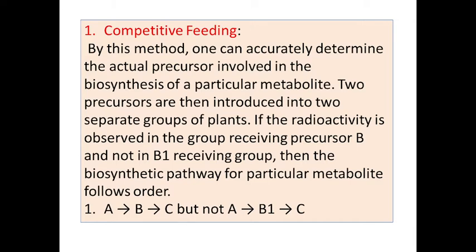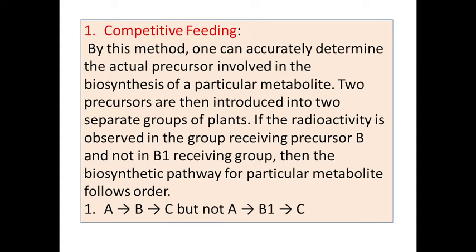The first one is the natural intermediate, which is produced by the plant itself by the normal route of its biosynthetic pathway, whereas another is an inserted or incorporated label radioactive compound, or artificially introduced intermediate.